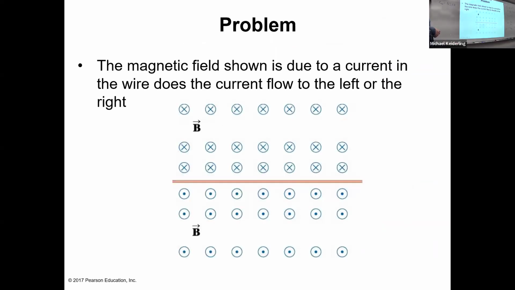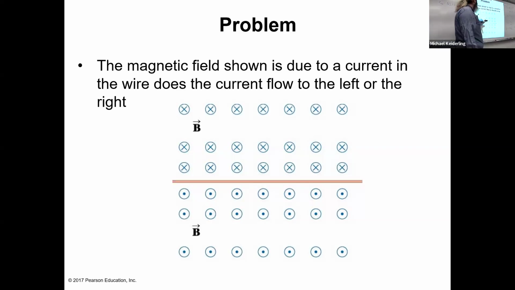So here, this is the magnetic field due to the current in this wire. So it's coming out of the board on the bottom and going into the board on the top. So what direction is this current flowing? Does it flow to the left or the right? So remember, if you stick a thumb in the direction of the current, your fingers of your right hand will wrap in the direction that the magnetic field goes.